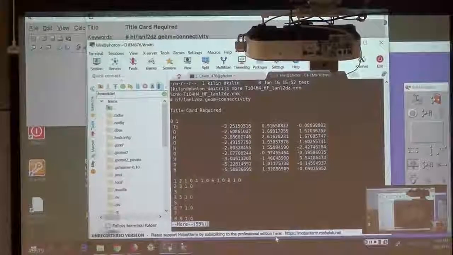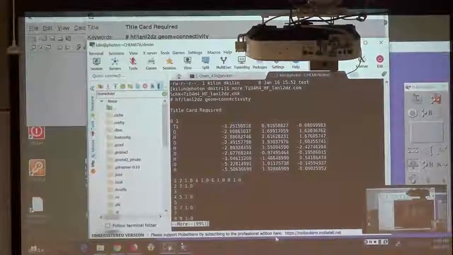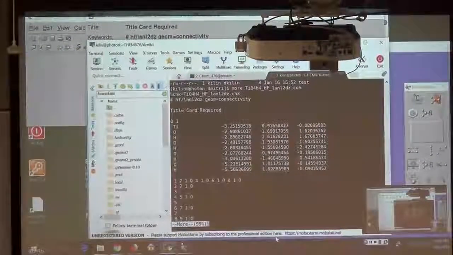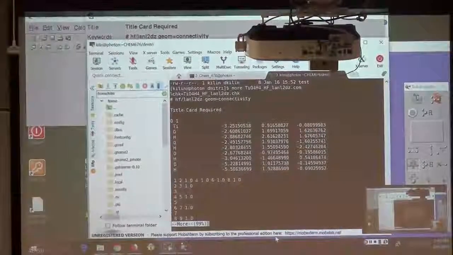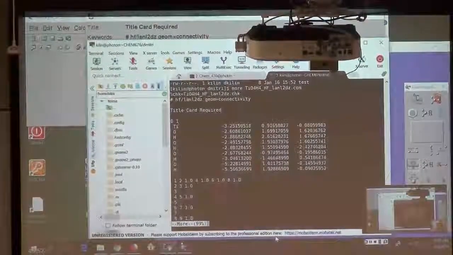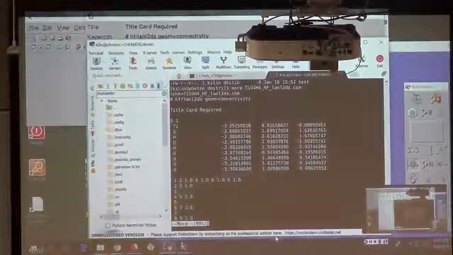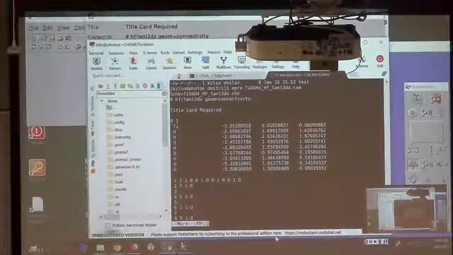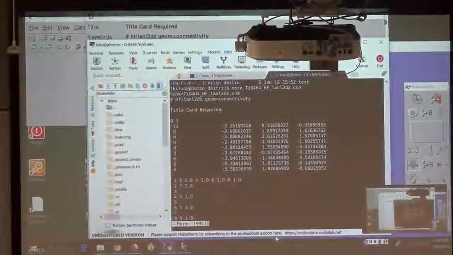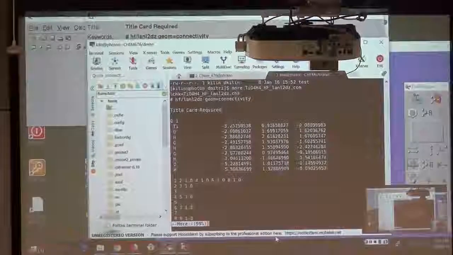My log file is... So we have to go to Gaussian and make that. This one is not good because it has 6.